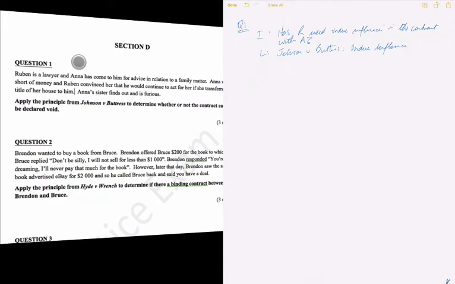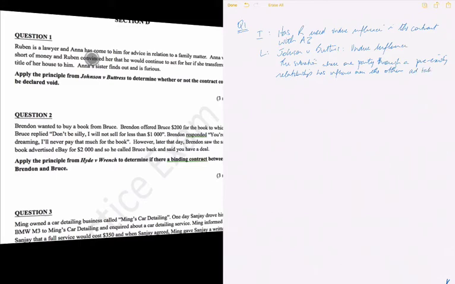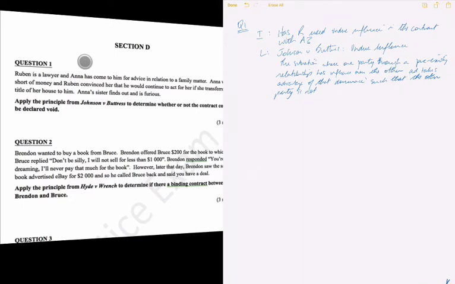So in particular for undue influence, we're interested in the situation where one party, through a pre-existing relationship, has influence over the other and takes advantage of that dominance such that the other party is not exercising independent judgment.